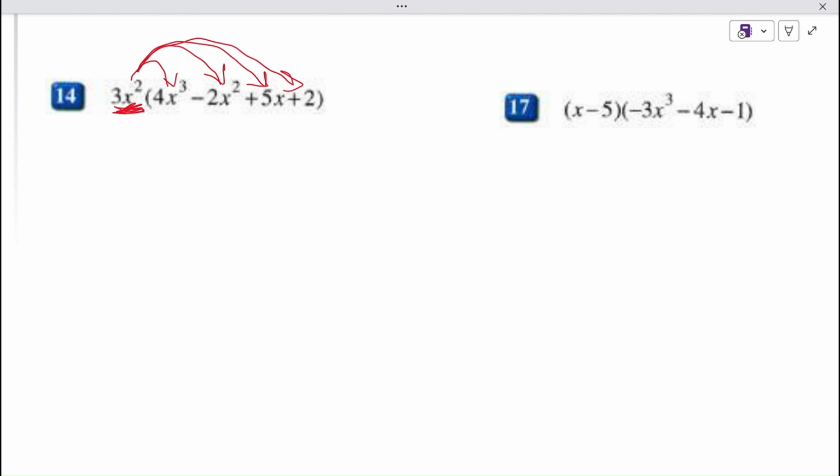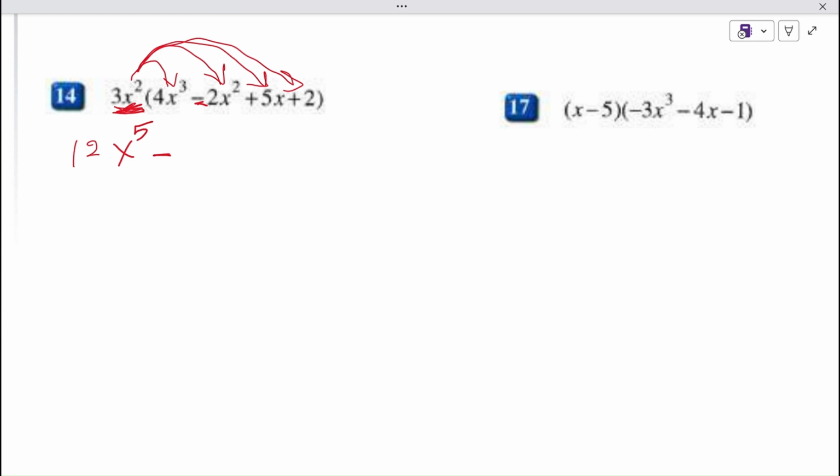3 times 4 is equal to 12. What about x? For multiplying, you have to add the exponents of the same variable. Here we have the same variable, so add the exponents. 2 plus 3 is equal to 5, x to the power 5. Here we have minus, right?